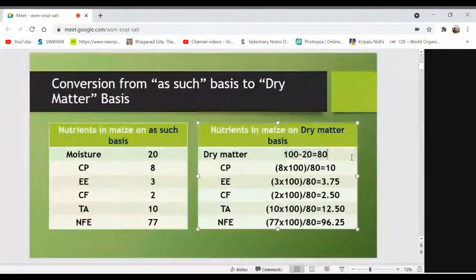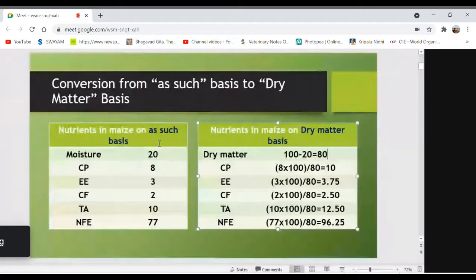It means like here, this 8 means 8%. 8% means 8 gram, or 8 milligram, or whatever unit you want to assign. Suppose 8 gram in 100 gram, but in that particular 100 gram, 20 gram is your moisture, and only 80 gram is your diameter.